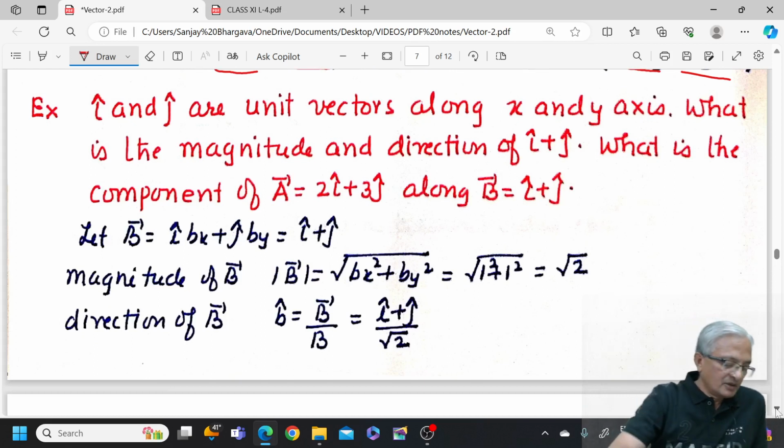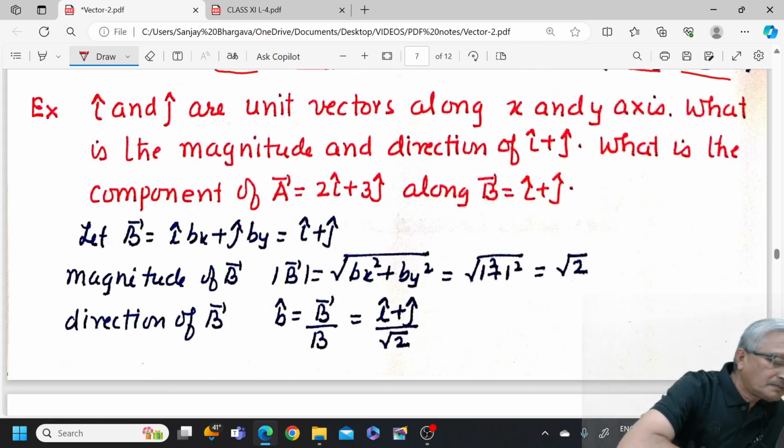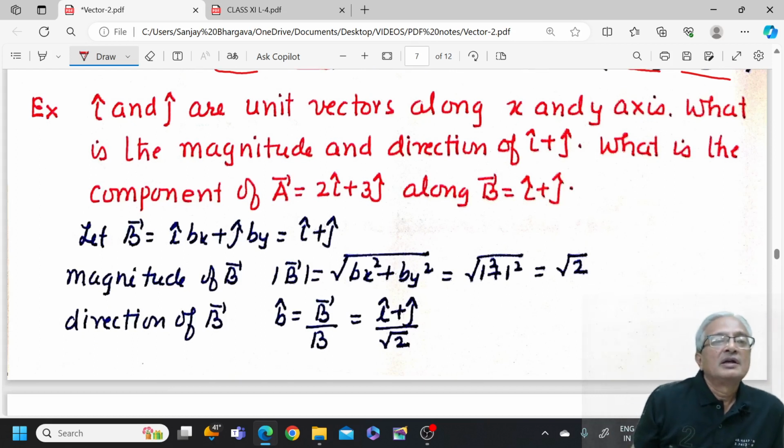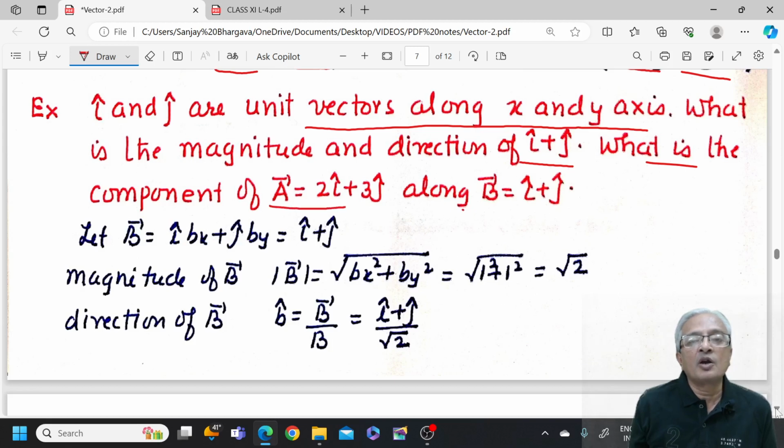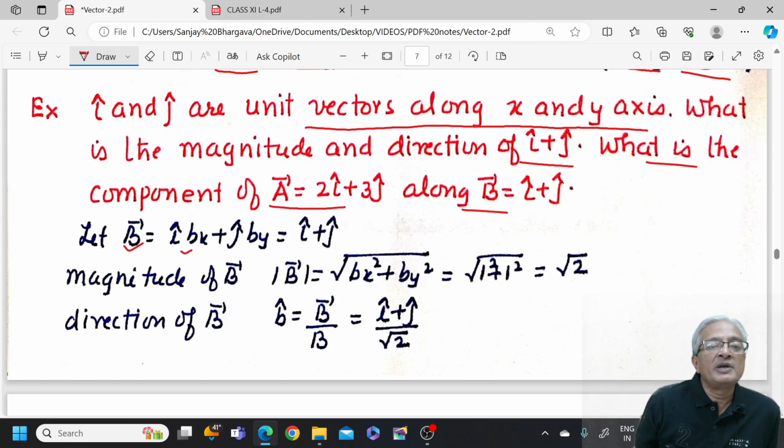Now let us check what we have learned through examples. i cap and j cap are unit vectors along the x and y axis. What is the magnitude and direction of i cap plus j cap? What is the component of A vector along B vector? So we have B vector here as i of Bx plus j of By, which is given as i cap plus j cap. So what does it mean? Bx is 1 and By is 1.